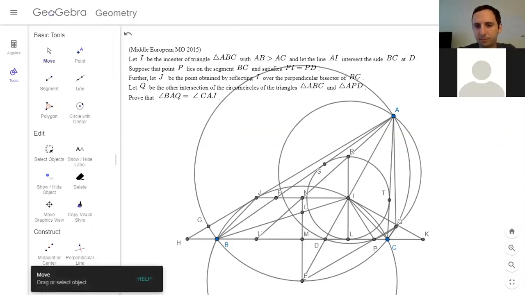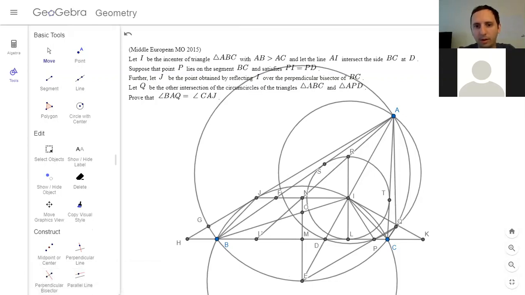I wrote similarity, but I will try to write it again. Wait a minute. Okay. So was it because you were trying to show AFJ is similar to AQC? Is that how you got that? I am trying to prove that HD multiplied by DI equals ED multiplied by DA. Oh, sorry.